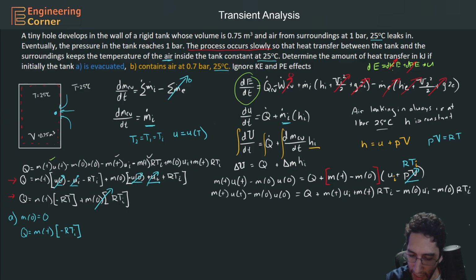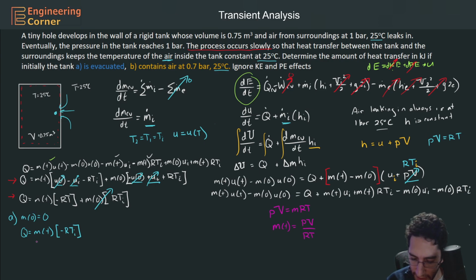But what we can do is go back to what's happening with an ideal gas. So with an ideal gas, we know that one equation we have is PV is equal to mRT. So this is going to be valid for my mass at some time. So if I solve for my mass at some time, this is going to be equal to PV over RT.